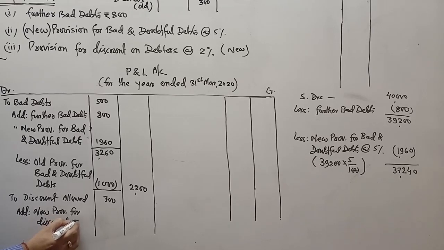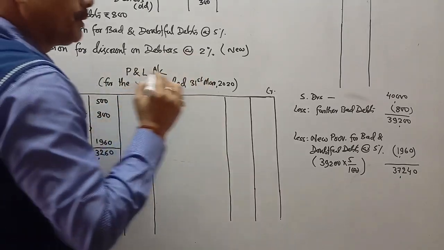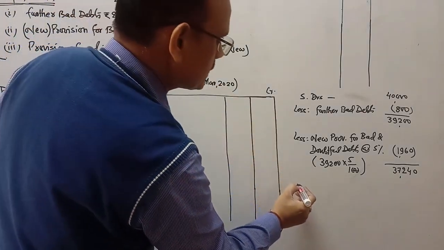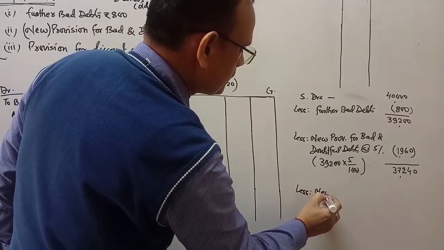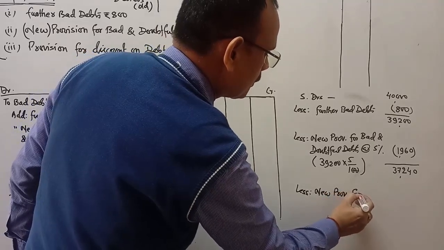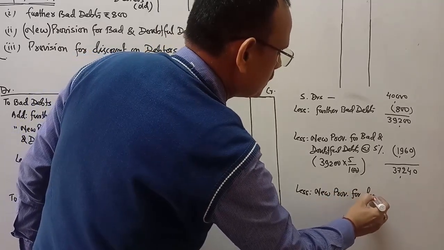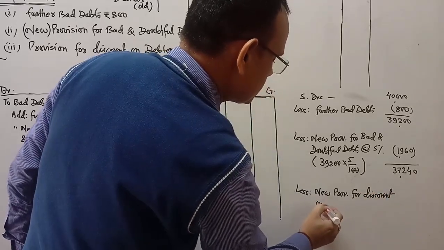New provision for discount on debtors is 2%. So we'll calculate the new provision for discount on debtors. Less new provision for discount on debtors.